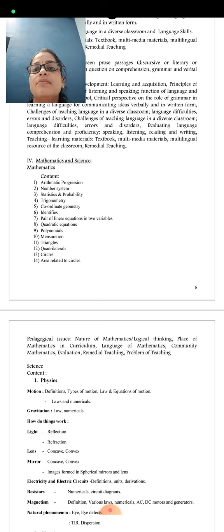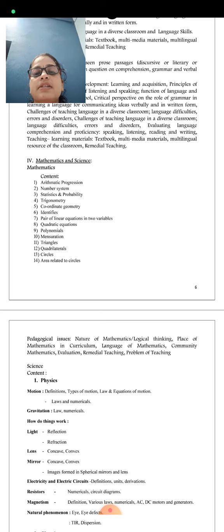And in this number system we have LCM and HCF. And next we have square and square roots, cube and cube roots. Number system is a vast subject. We have many subtopics in the number system.